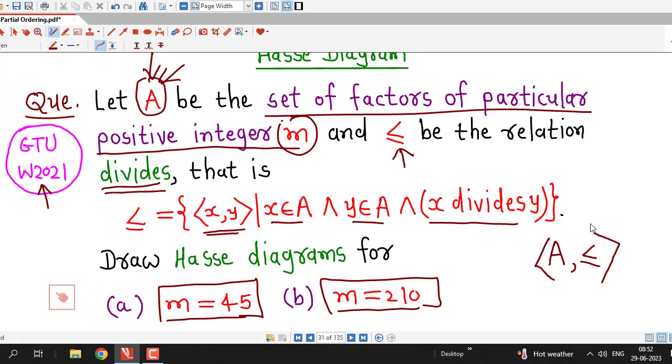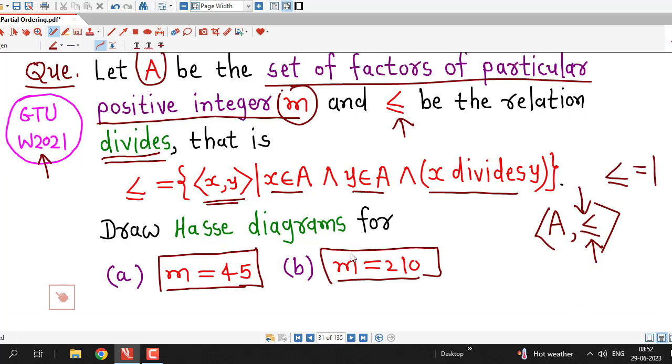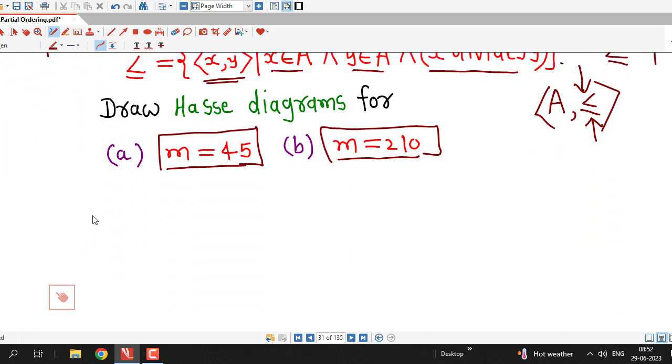Here the partial order relation given is the divides relation. This is the notation for partial order relation, but here less than or equal to is nothing but the divides relation. So first we consider m equal to 45 and then we will see m equal to 210.